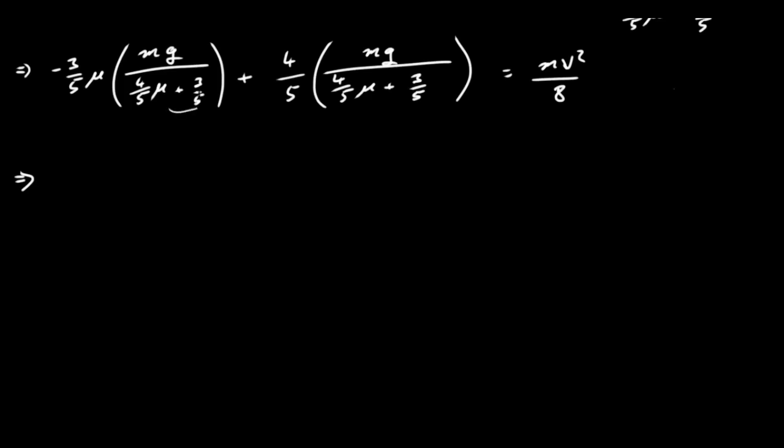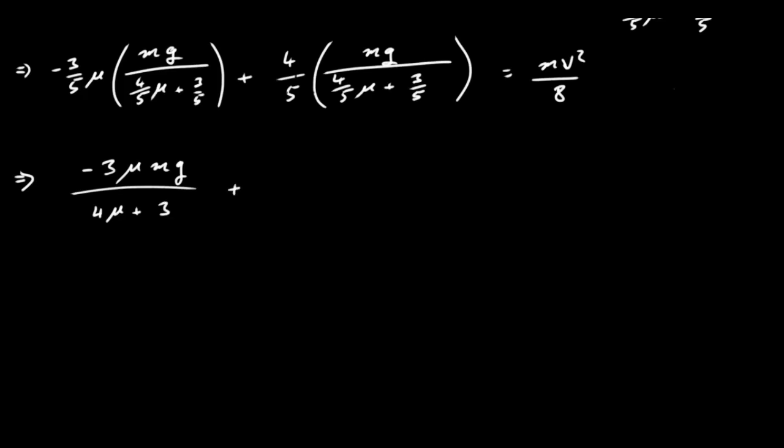So what I'm going to do here is multiply these fractions out. I'm going to multiply the top by the top, so minus 3 times mu, that's mu over 1 if you like, times mg. That'll leave me with minus 3 mu mg on the top. And then on the bottom I'm multiplying these by 5, so the 5's will cancel and I'll end up with 4 mu plus 3.